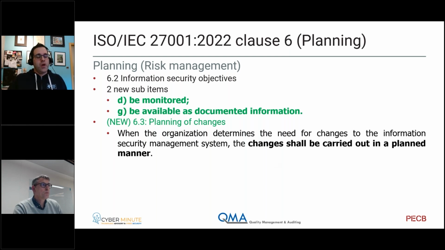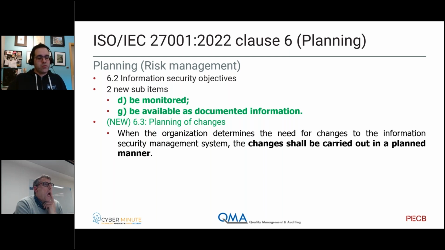Right? One of the important things also in ISO 27001, as Stefan already mentioned, is risk management. Please be aware that risk management is mentioned twice. It still is the same in the new standard in clause 6 for the planning part and clause 8 for the execution or the operational part. So in essence, also here you will notice that in the 6.2 clause there are two new items.